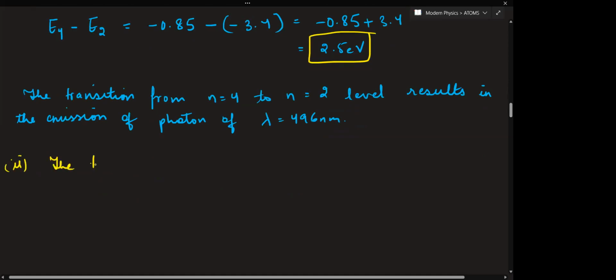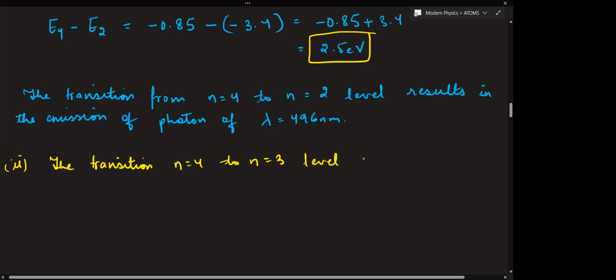So that's why, I'll write it down only. The transition n is equal to 4 to n is equal to 3. You can subtract all the values and see which energy difference is coming the lowest. So this energy, from 4 to 3, will be the lowest.